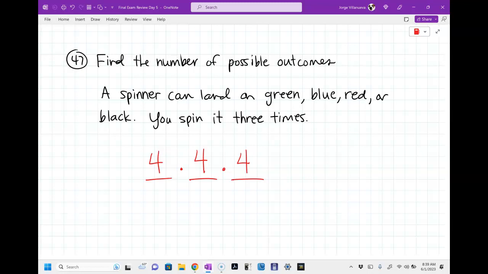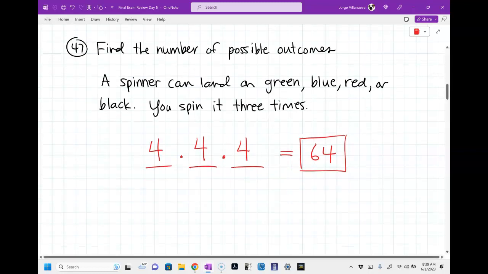So that's going to give me a total of 4 times 4 times 4, which is 64. That's going to be my solution for this. So 4 times 4 is 16, times 4 is 64. So that's 47.